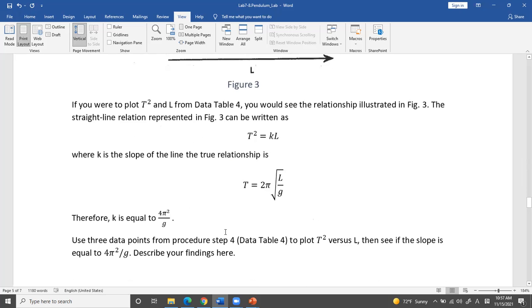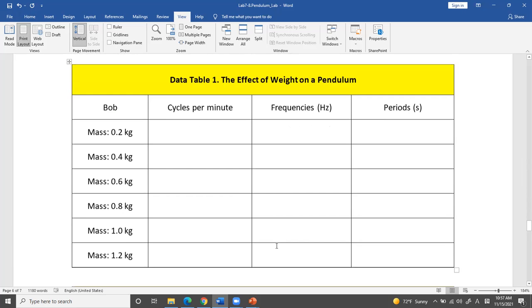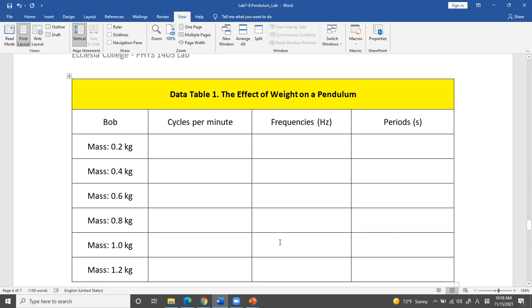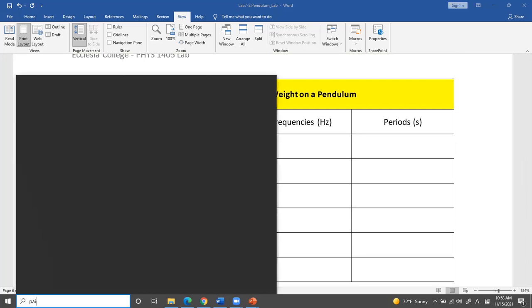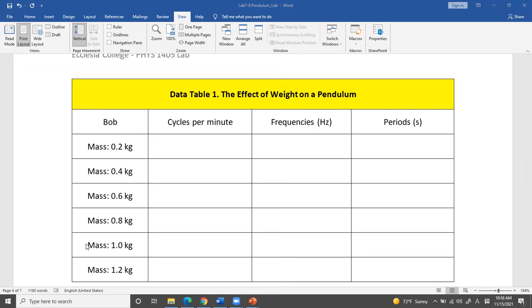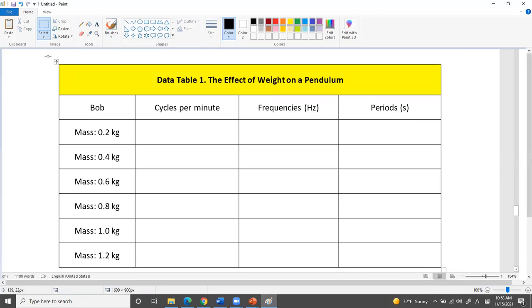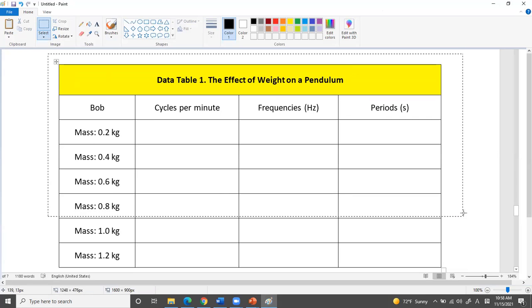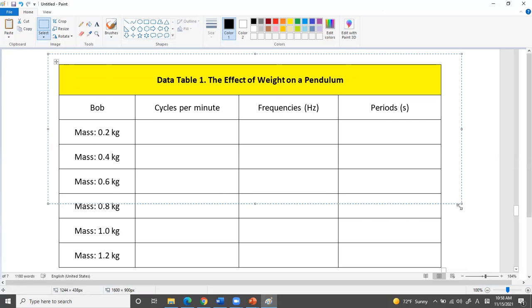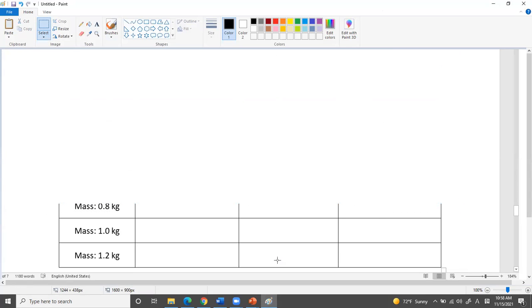Then let me copy this table. I'm going to do only 3 trials. I'm not sure if 3 trials can be done or not. But yes, 3 trials. You can do all of them, but it takes time.